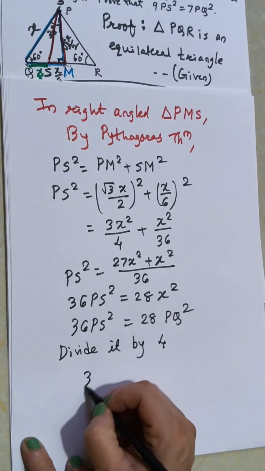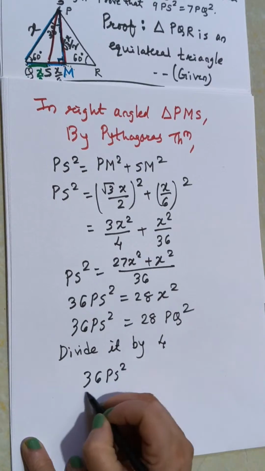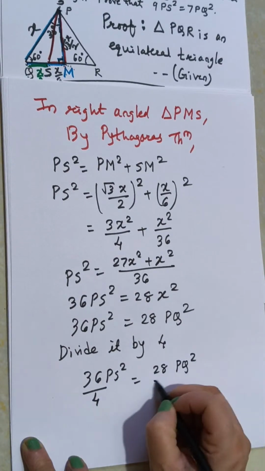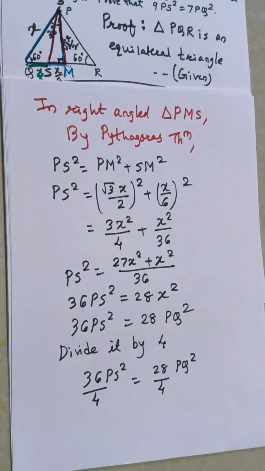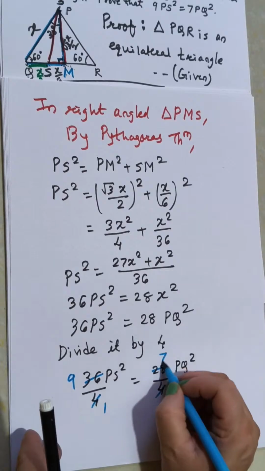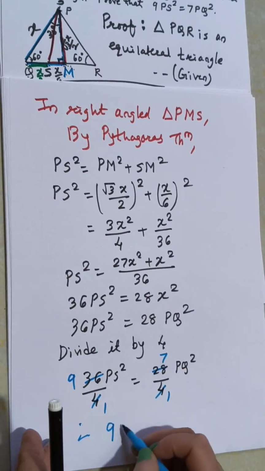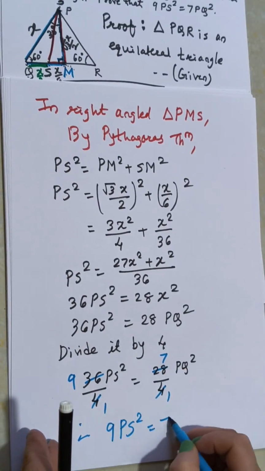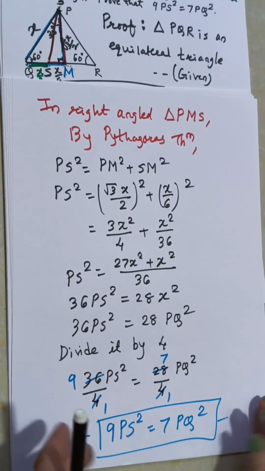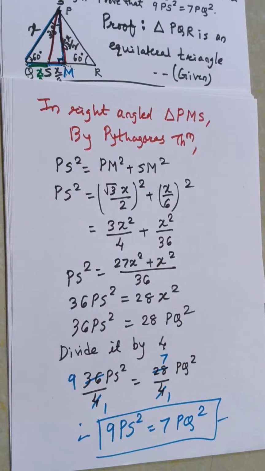So 36 PS square upon 4 is equal to 28 PQ square upon 4. Let us divide now: 4 nines are 36, 4 sevens are 28. So 9 PS square is equal to 7 PQ square. Hence it is proved. So here we proved.